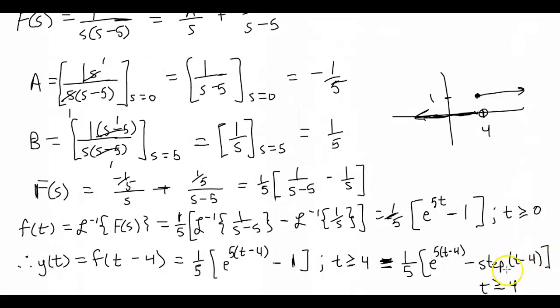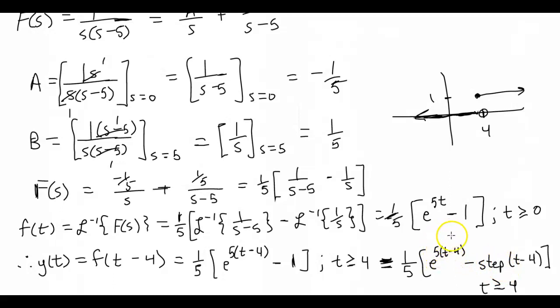And so writing it like this, what this essentially does is it lets us know that we're not even going to plug in values of t that are less than 4. Because if you have it like this, I really don't have to put this in, because of course this would be 0.